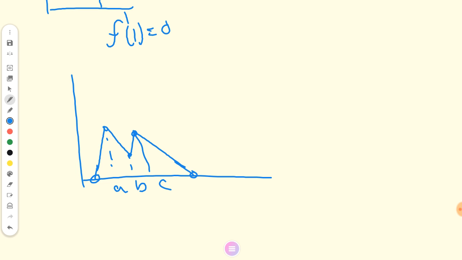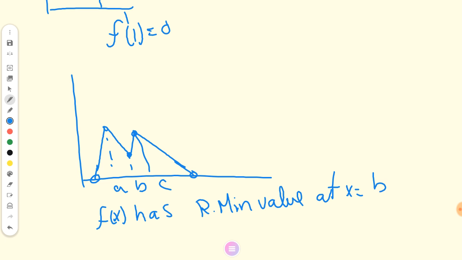In this case, function f of x has a relative minimum value at x equals B. But it has no relative maximum value, because the function is undefined at A. So f of x has no relative maximum.